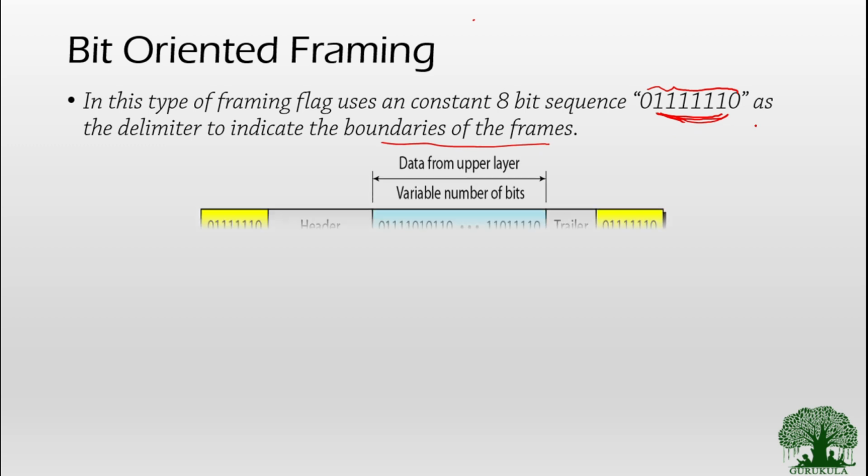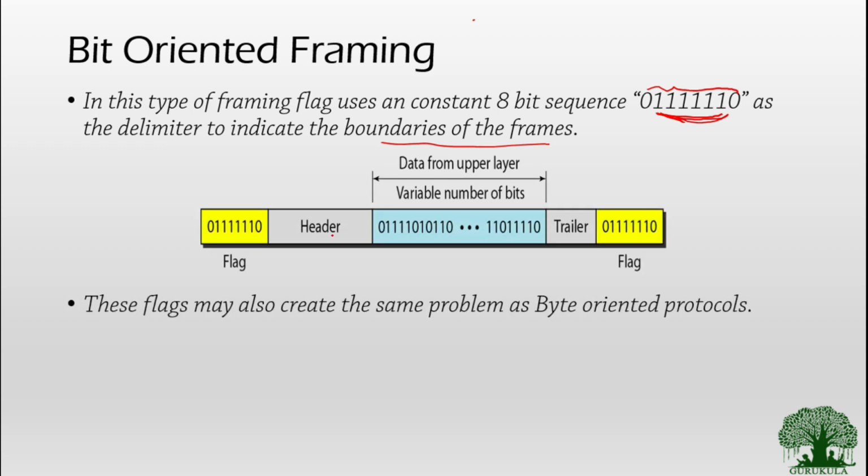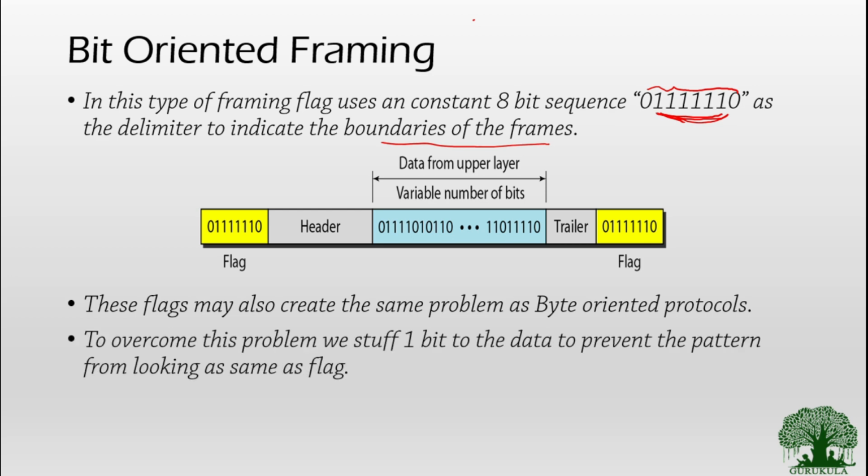So whenever I encounter 5 consecutive ones, I will stuff 1 bit to break the sequence, so that I am ensuring that 6 ones do not appear anywhere in the data, so the number of occurrences is equal to the number of bits that I am going to stuff.